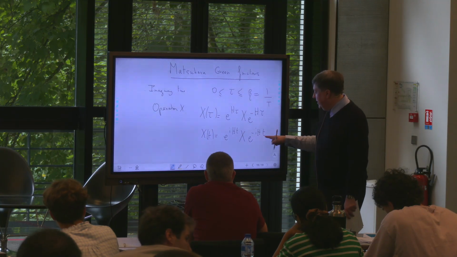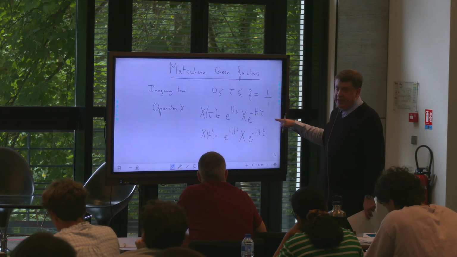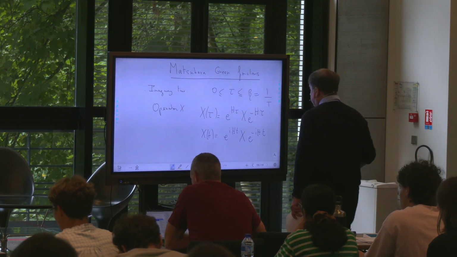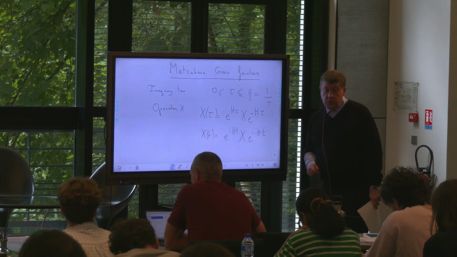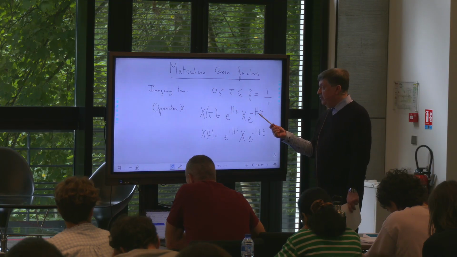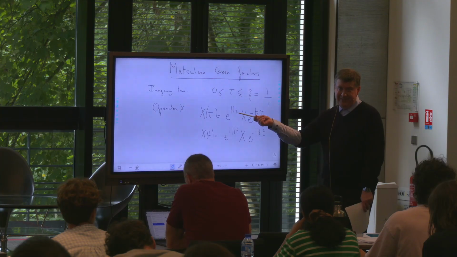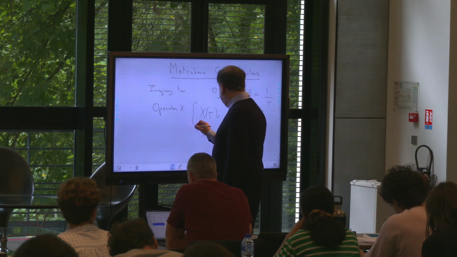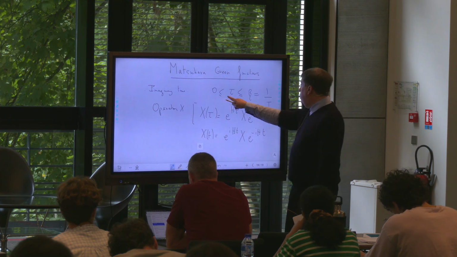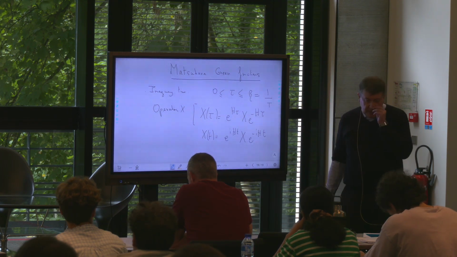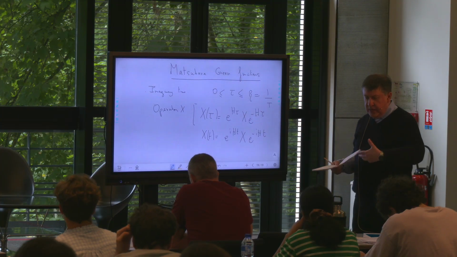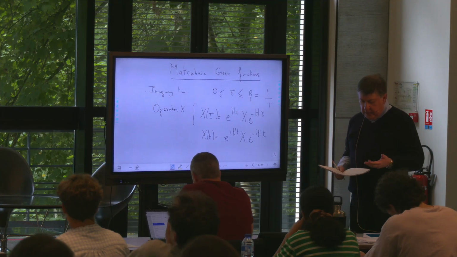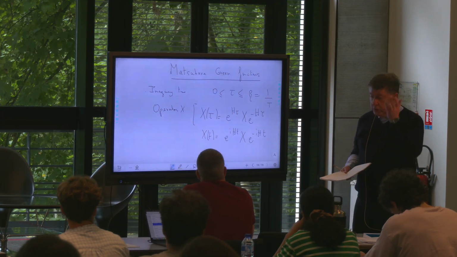In real time, this is, of course, with an i. Here we don't have an i, and this is with real tau. Beware that when you do manipulations, the dagger of this is not that. That's a common problem when we do this time evolution. So we do a time evolution in imaginary time from 0 to the inverse of the temperature. That's quite common in statistical mechanics, where we consider the thermal evolution to do the thermal ensembles from 0 to beta.